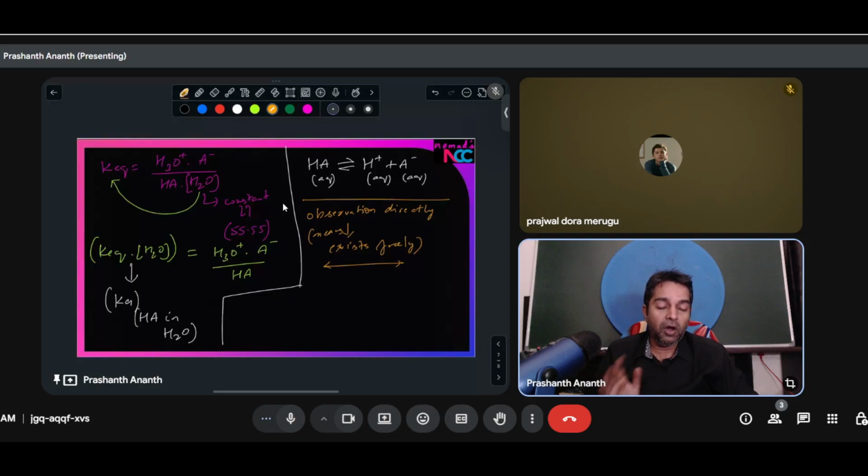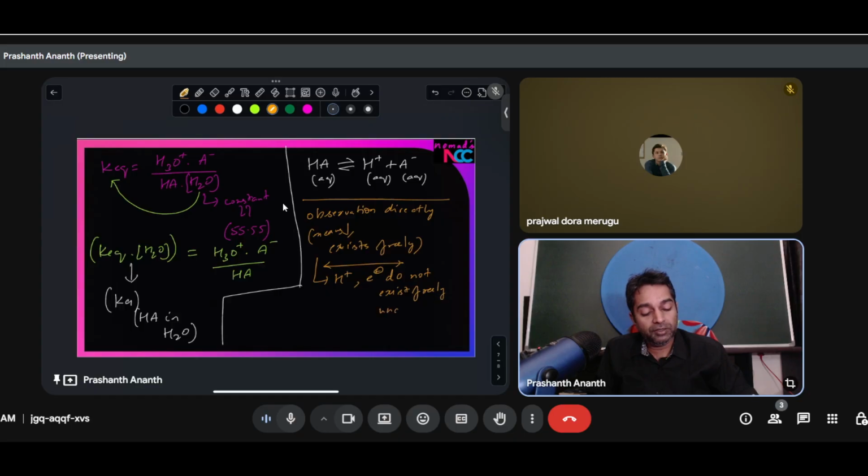But not when they exist freely for a decent amount of time, in a particular system which we can continuously keep doing that. So H+ and electrons do not exist freely under normal conditions. We are doing chemistry, so I'll have to give the caveat that there is no 100% ever. There will always be something new discovered which will change the game there.